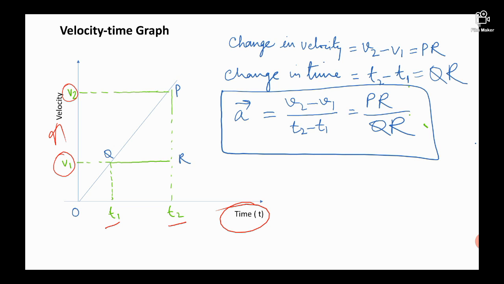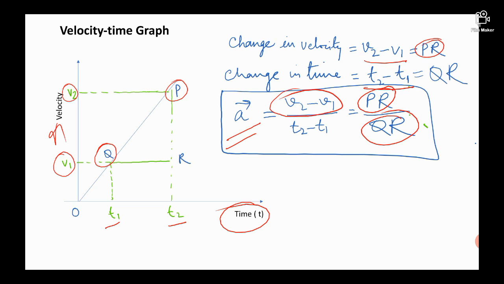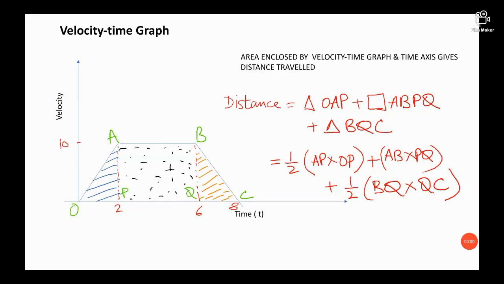Hence, we can find the acceleration from point Q to point P by finding the slope as PR divided by QR. Change in velocity is from v1 to v2, and change in time is t2 minus t1. So acceleration can be found by dividing the change in velocity by the change in time.